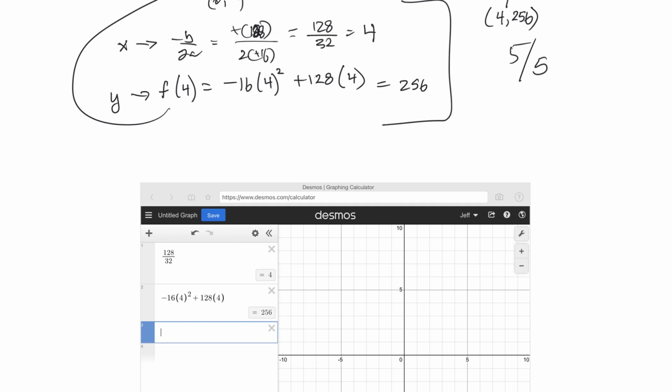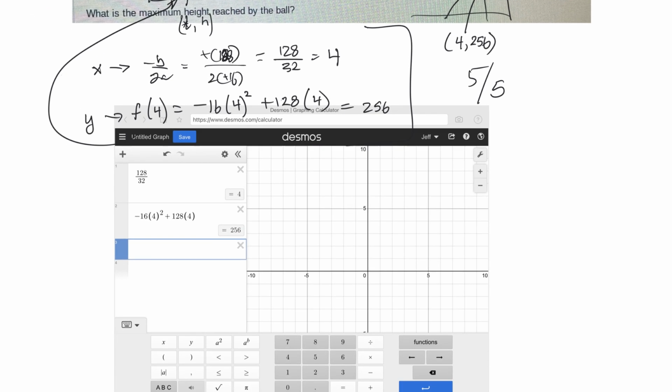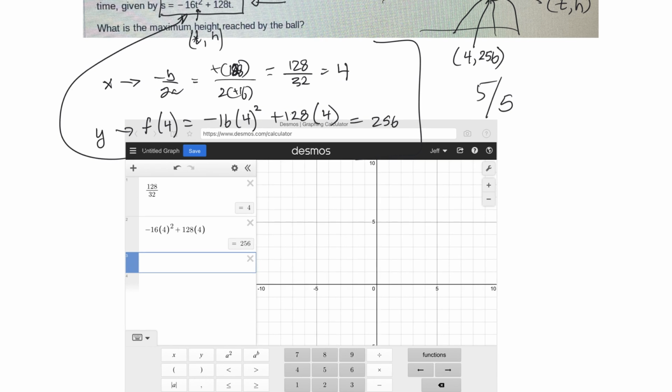I'm going to move this up a bit. Minus 16 t, or we'll call it x, squared, plus 128 x.